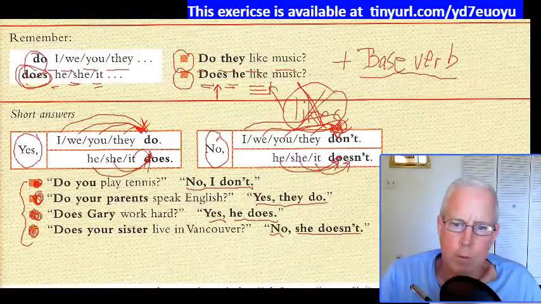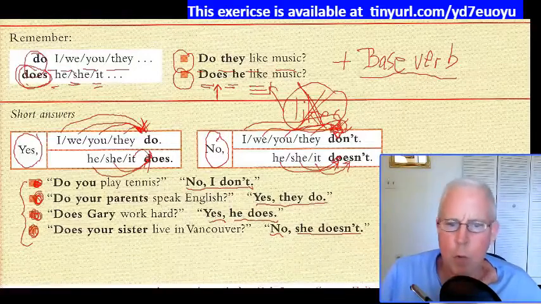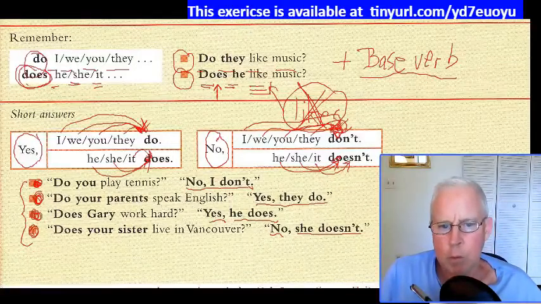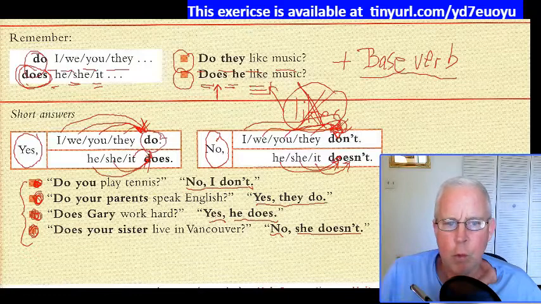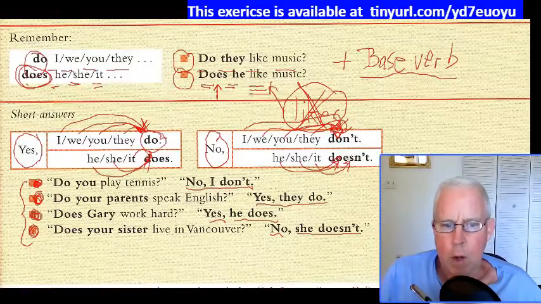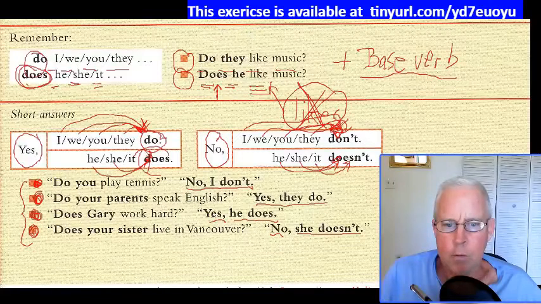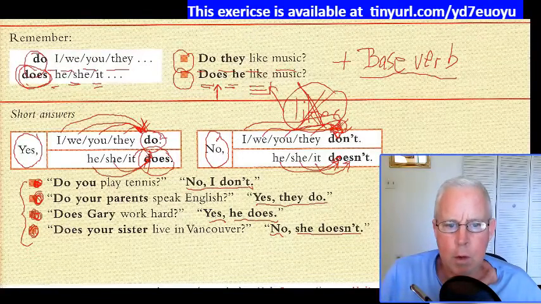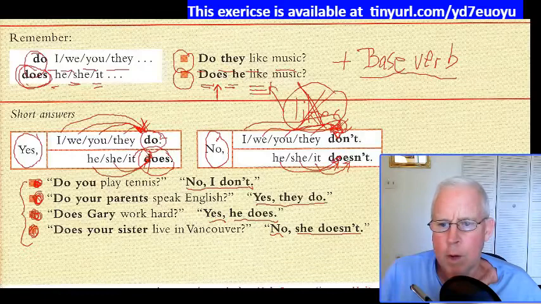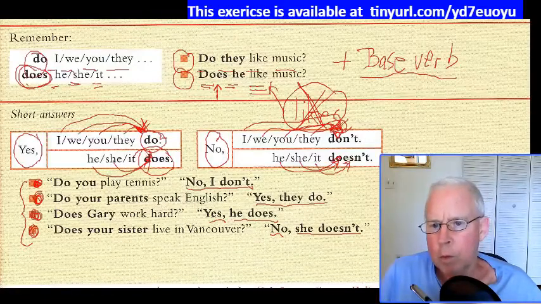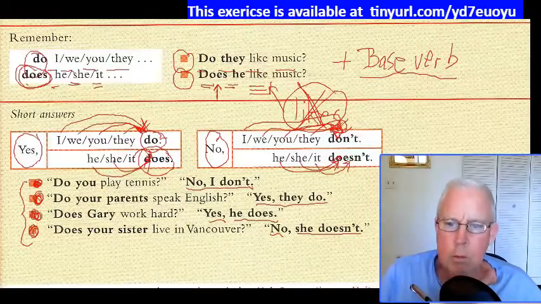So it's sort of the same as the question helping verb. It's do for I, we, you, they. It's does for he, she, it. And for the negative, just put the not or n't.